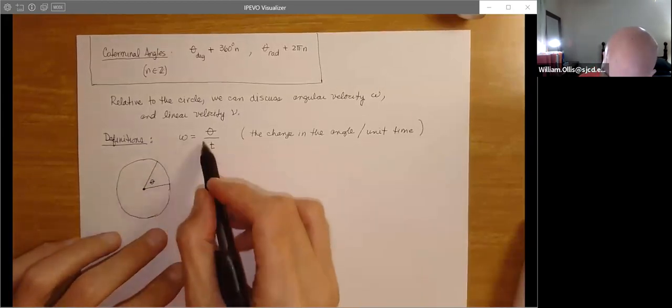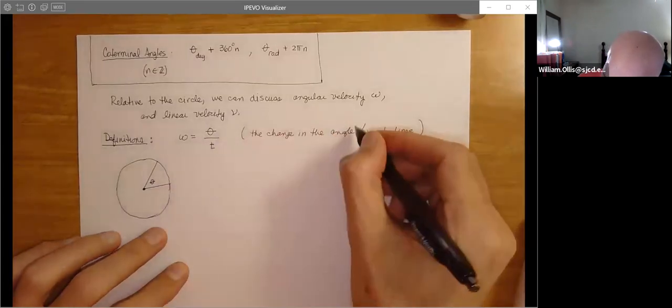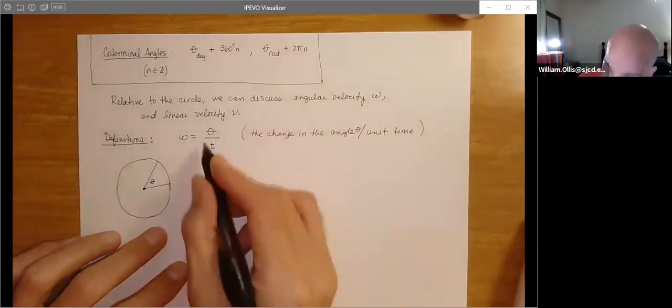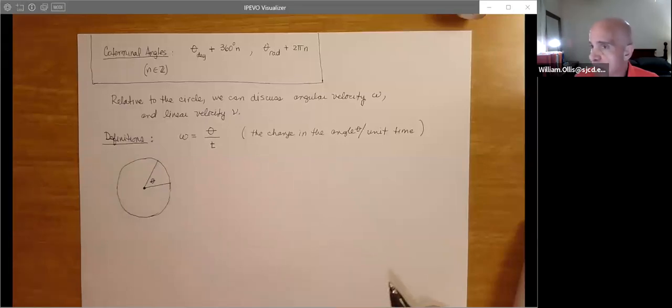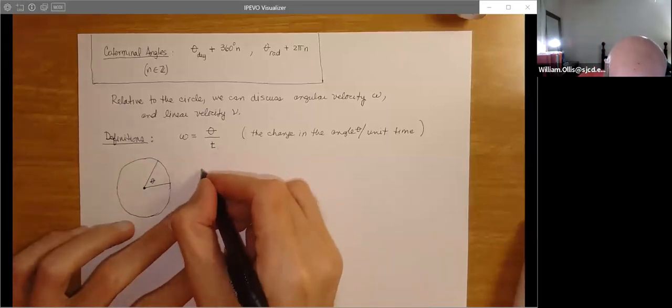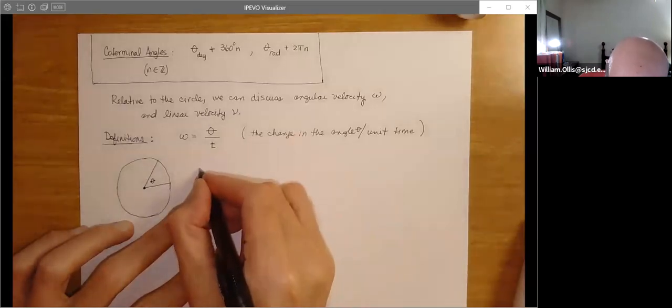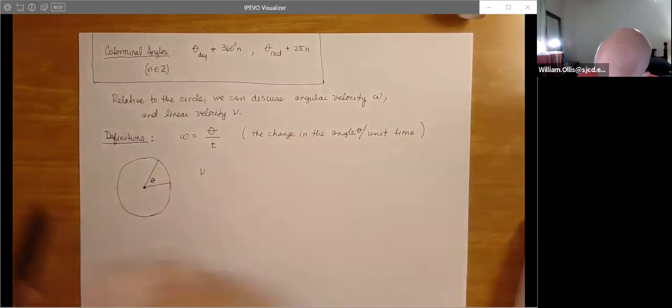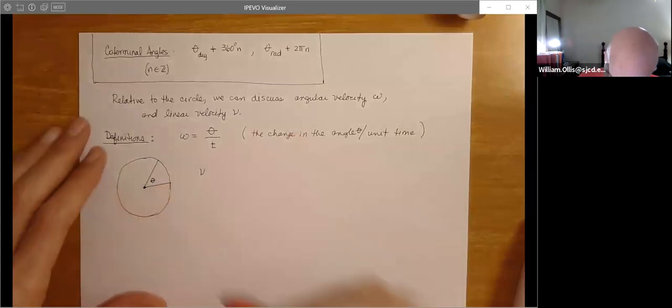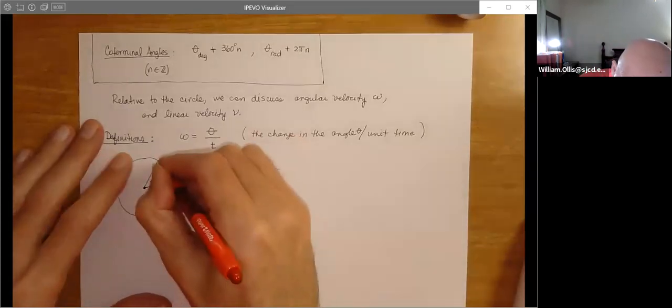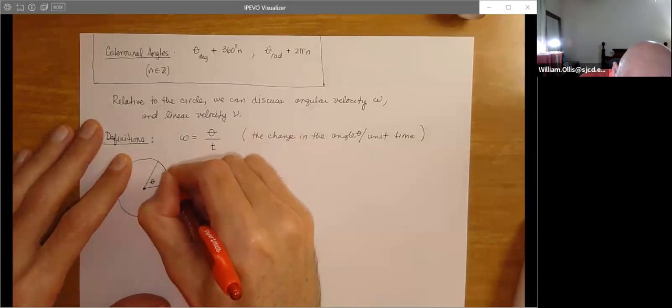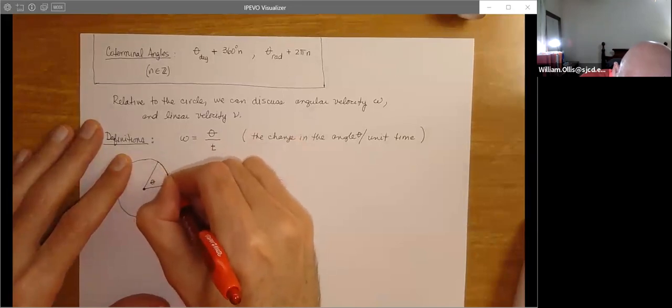So we think of the change in the angle theta, let me put in theta here, per unit time, and t seconds, minutes, hours, whatever. And then we think of, in this particular case, linear velocity. Now, we can see how theta might be unraveling, but then we might be interested in how the distance varies with respect to time.